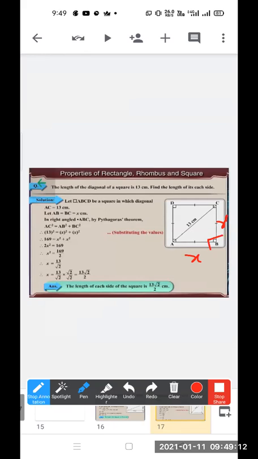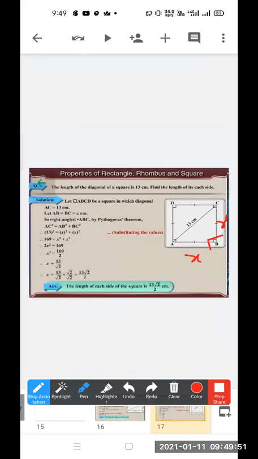So we get 2x square equal to 169. Dividing 169 by 2, x square is equal to 169 upon 2. Taking the square root on both sides, the square root of 169 is 13, and root of 2 is root 2, so x is 13 upon root 2.